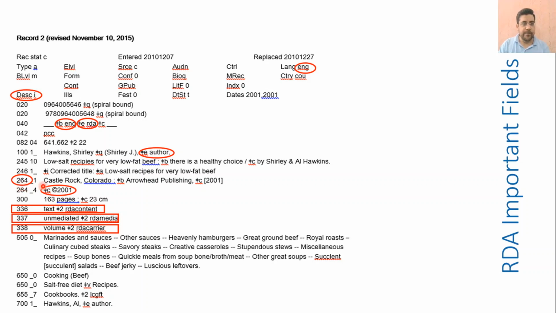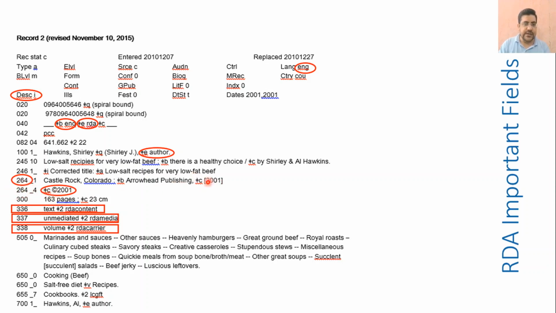So this is actually an RDA record for an English-speaking audience, and then you can see 264. This is the imprint portion. There you can see the place of publication, the publisher itself, and then the year of publication, and it's actually repeatable.